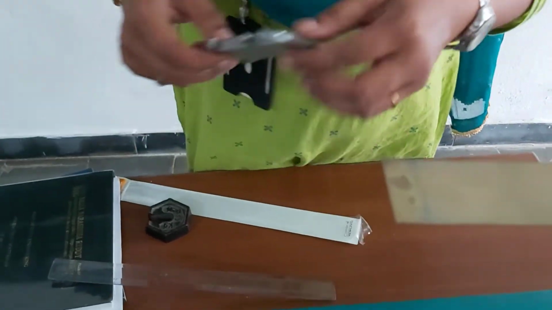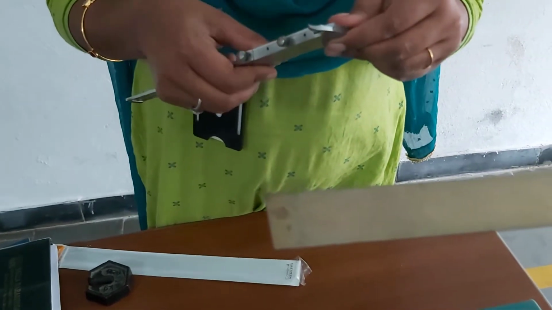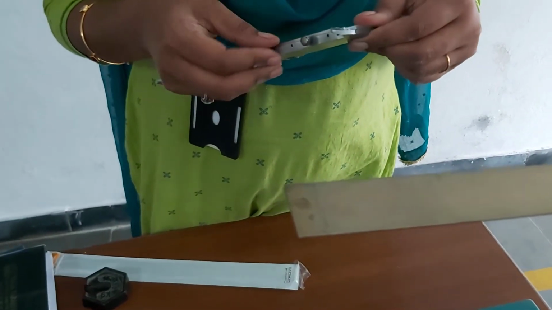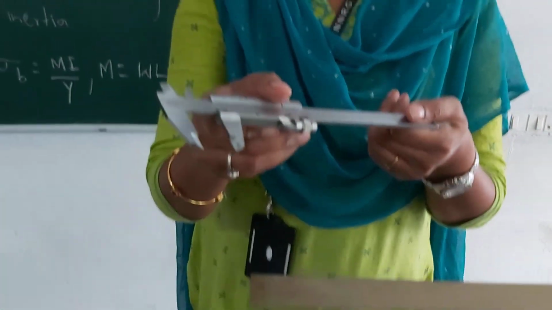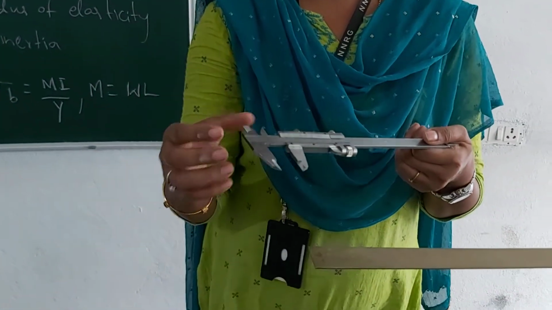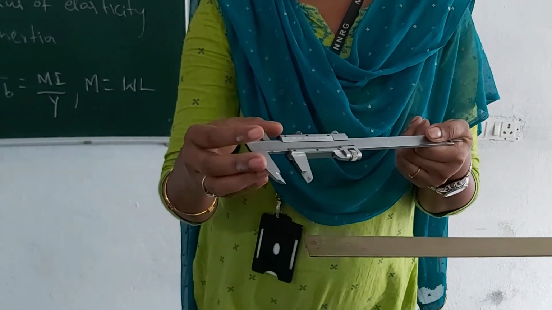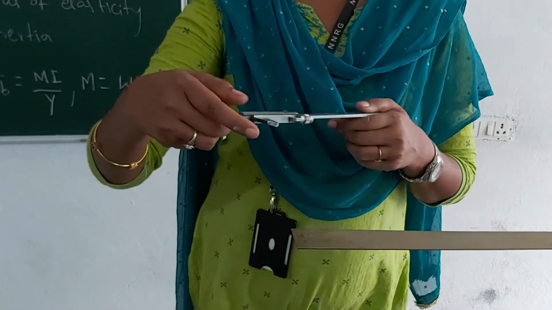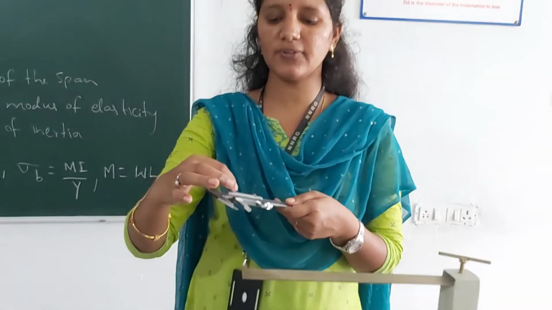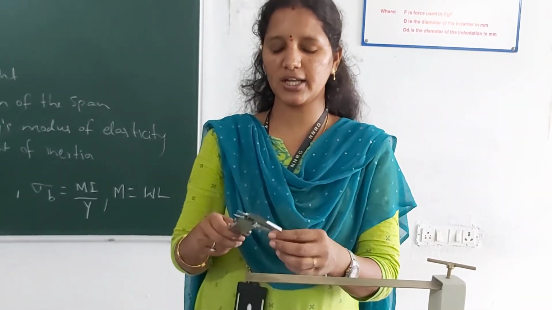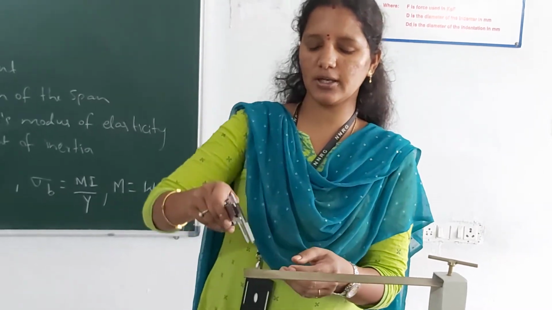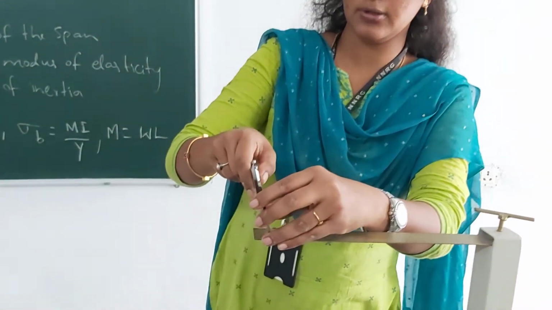And with the vernier calipers, so this is the vernier calipers. It has two scales, the main scale and the vernier scale. If the line between the main scale and vernier scale coincides, then we can take it as the length of that particular element which we are measuring.